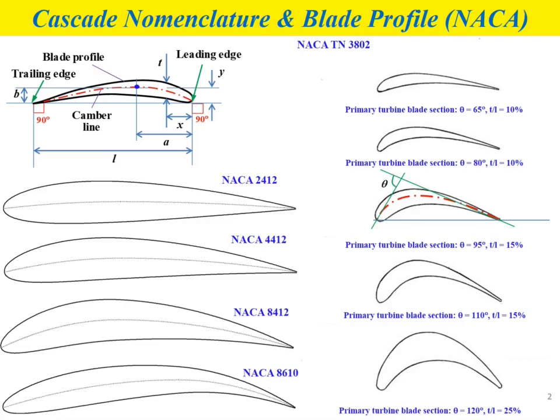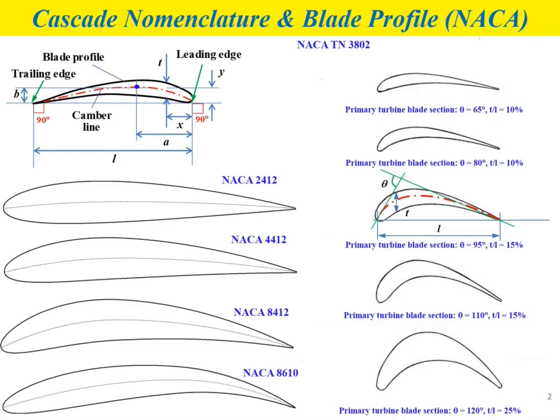Find the highest thickness of the blade and measure it, and you will get the profile thickness T. The distance between the leading edge point and the trailing edge point gives you the blade chord length. So you can determine the value, or change the value, of the camber angle and the T over L ratio.